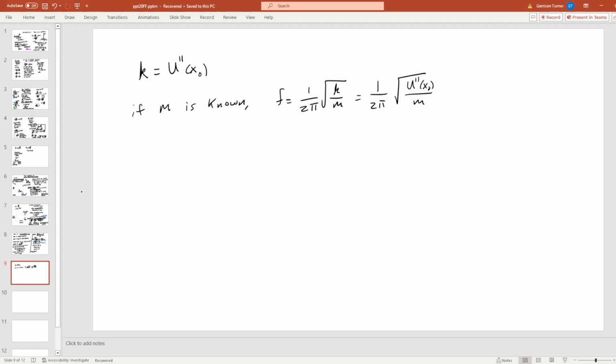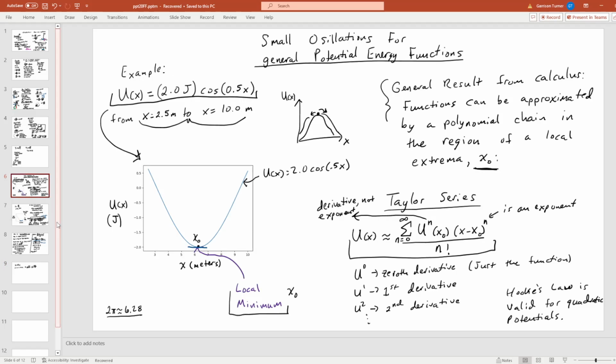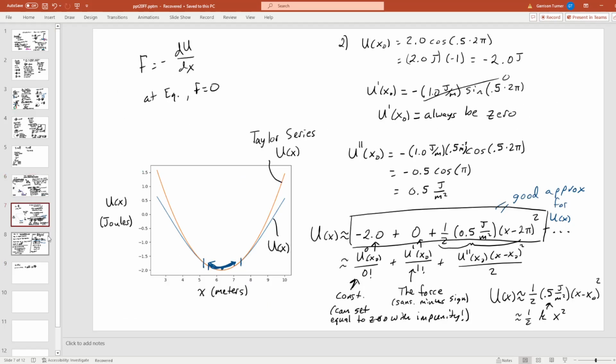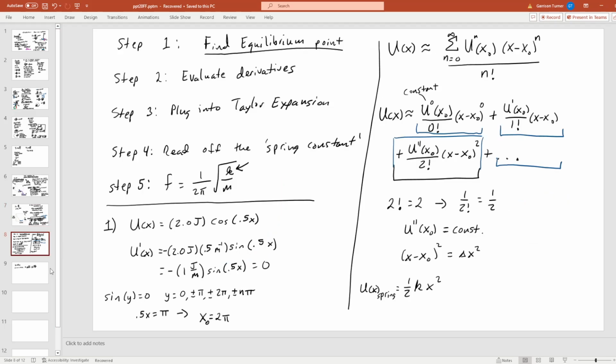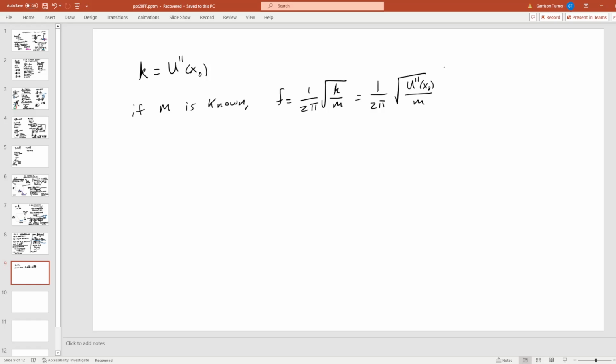So all of this is a justification for why you only need to find the second derivative and evaluate it at the equilibrium position.